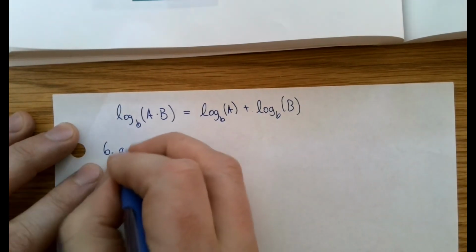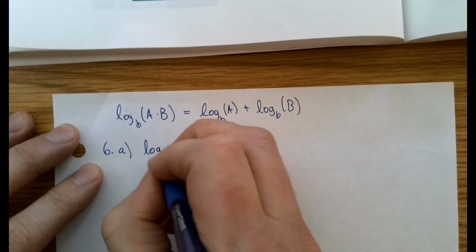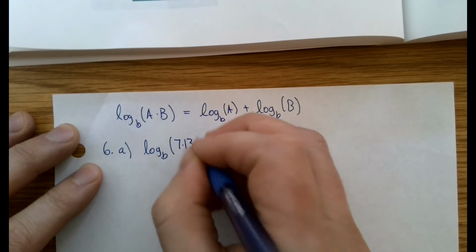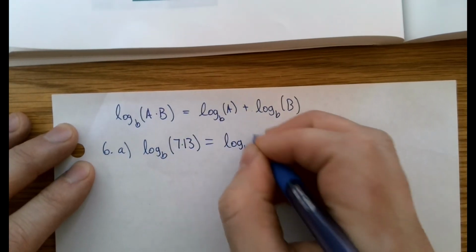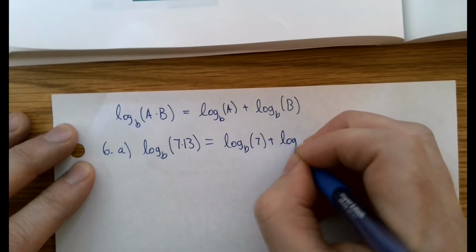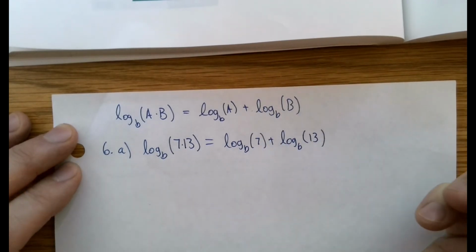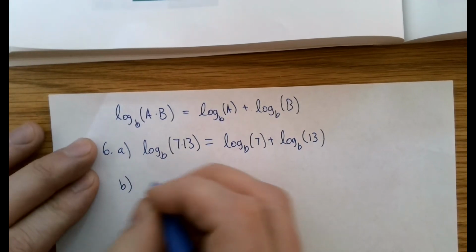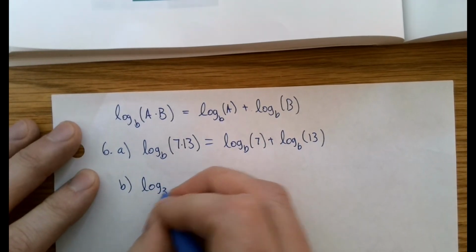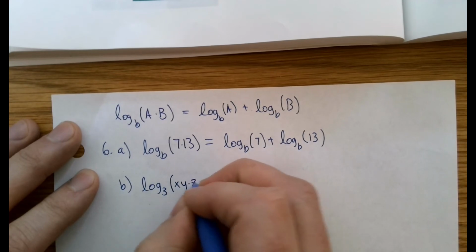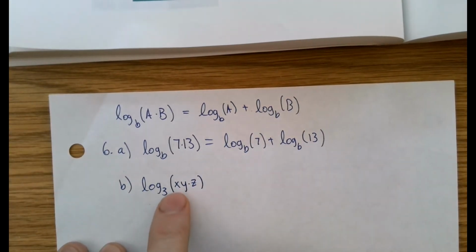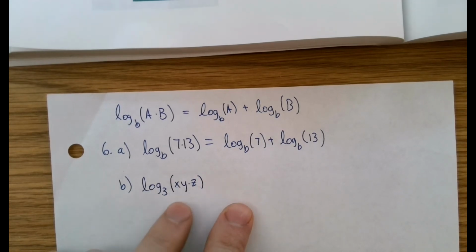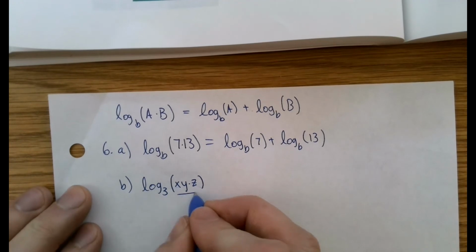So number 6a gives us log base b of 7 times 13. Well, that just becomes log base b of 7 plus log base b of 13. That's it. Letter B of number 6 gives us log base 3 of x times y times z. Now we have to assume that all three of these numbers are positive, and if one or three of them was not positive, then this would be undefined because we cannot evaluate a log of a negative number.